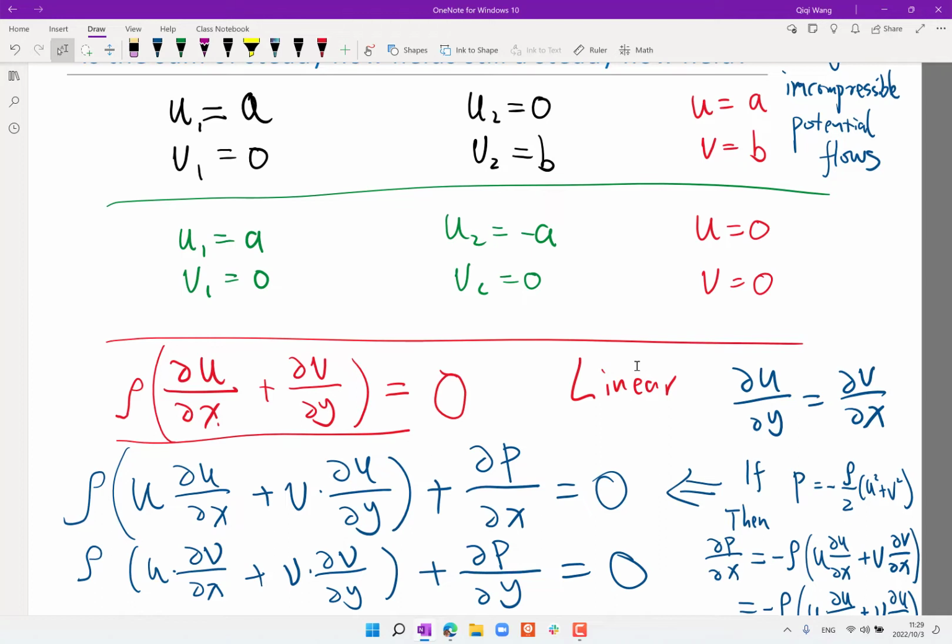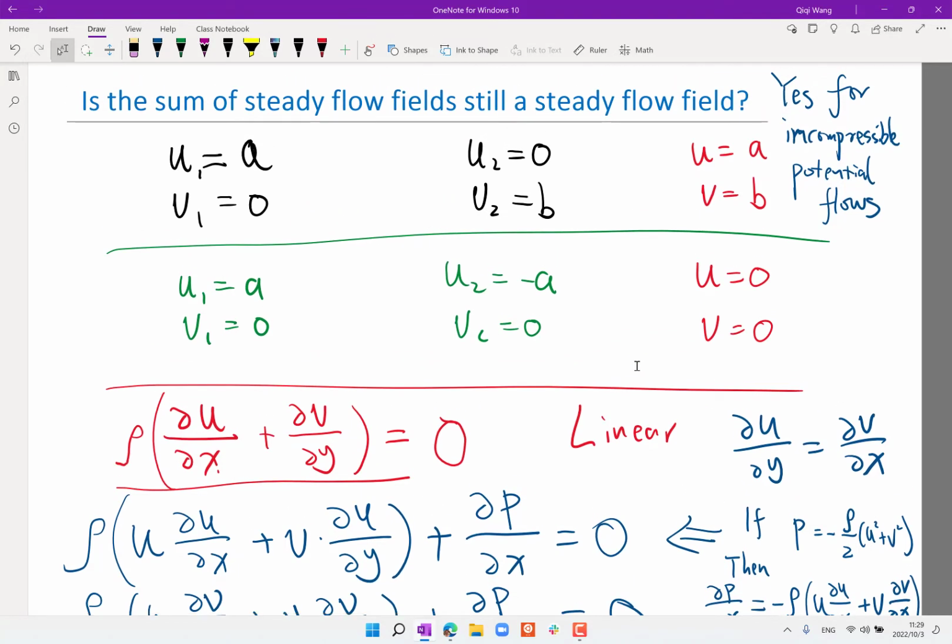Anybody thought about what the flow looks like? Yes? Should a vortex move in the direction of the free stream? The vortex moving in the direction of the free stream. Actually, that's a good point in the sense that the vortex is not a potential flow at the point of the vortex, right? So if you add up the flow fields, it would not be a steady state flow field exactly on the vortex.